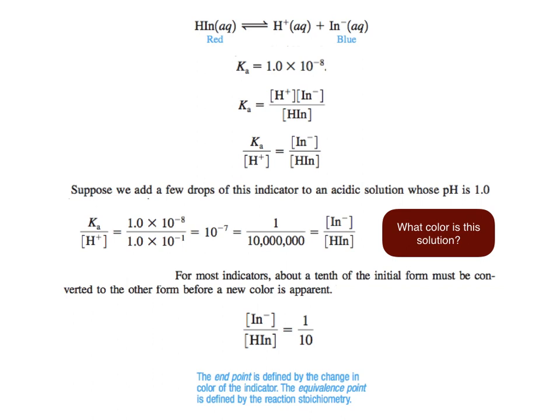Now, an indicator is simply another buffer system. It is important to note that the indicator does not need to change color at exactly the equivalence point of the titration, only within a certain allowable range of the equivalence point of the titration.